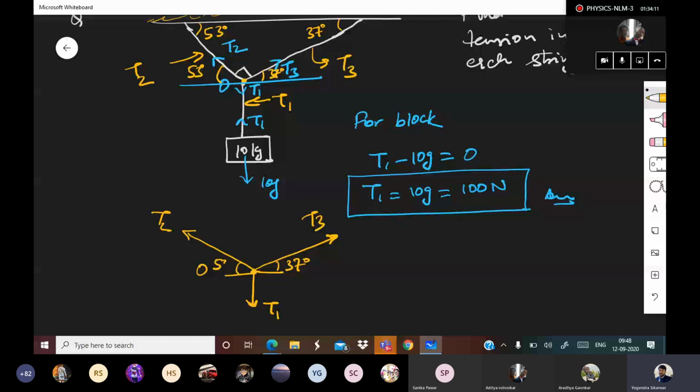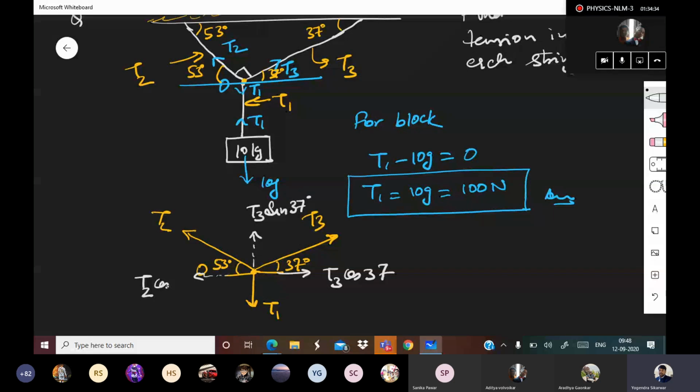This is T3 cos 37, this is T3 sin 37, this is T2 cos 53 and this is T2 sin 53.